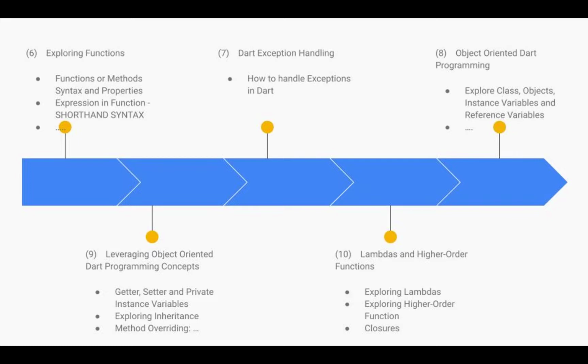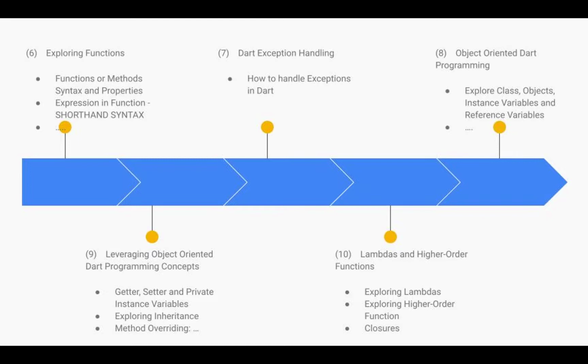Along with it, in the same section, you will learn how to present a function as an expression by using the fat arrow notation. Then finally, in section 7, you will explore how to handle exceptions and make your code robust in Dart.